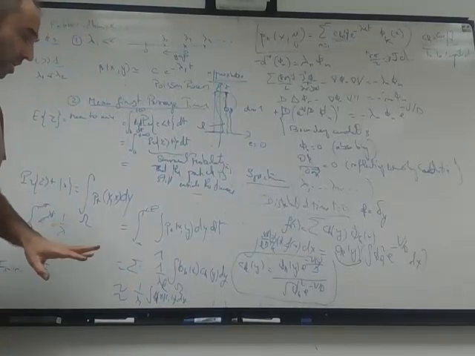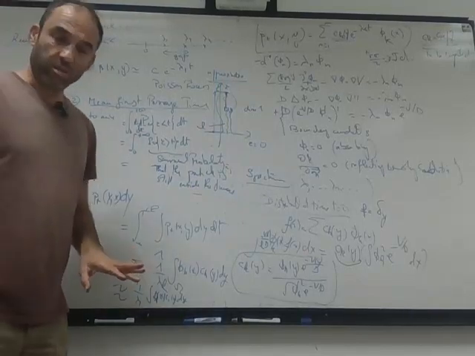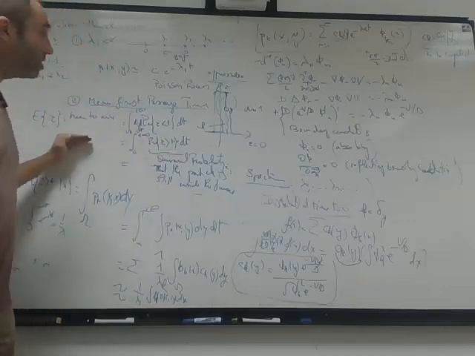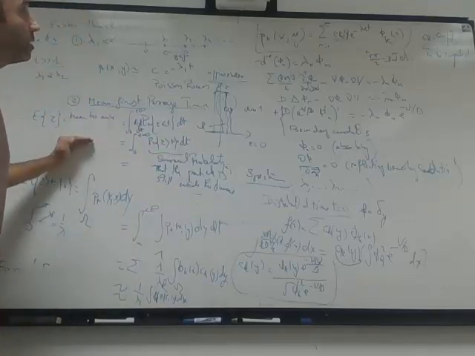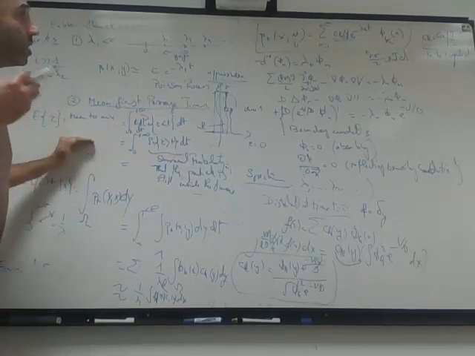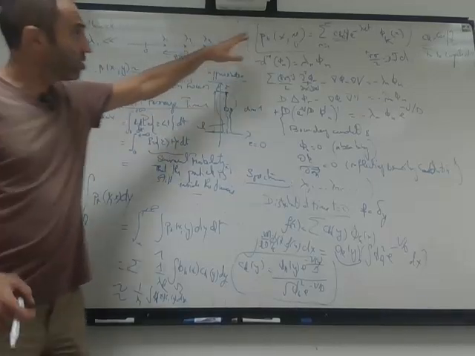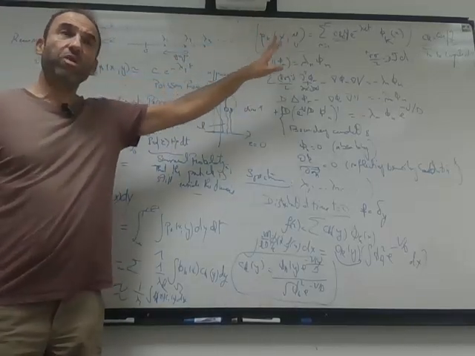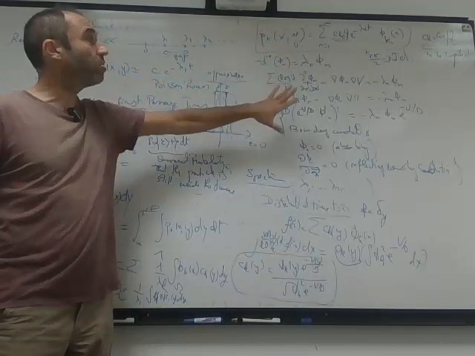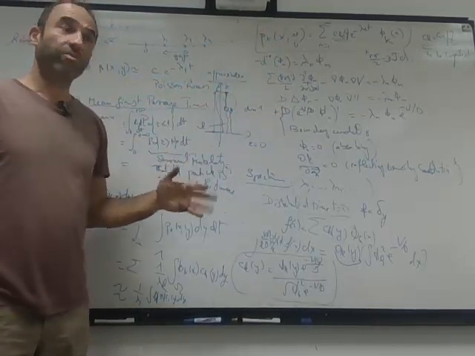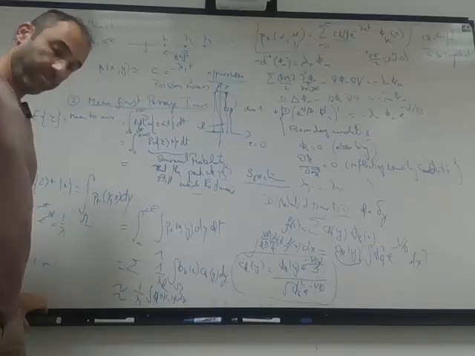Okay, that's it. Now we're ready to move back to neuroscience. I wanted you to understand this because this is fundamental to connect probabilities with the solution of some specific partial differential equation problem associated to diffusion. Okay.